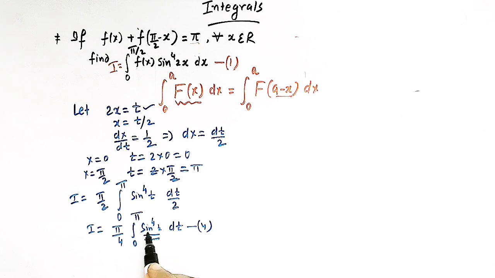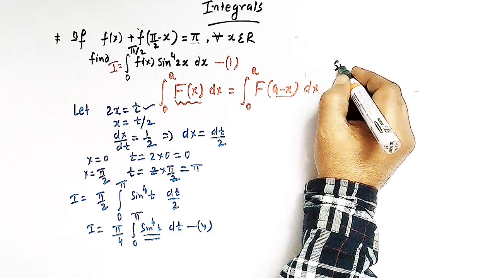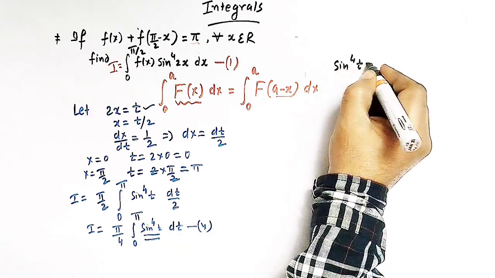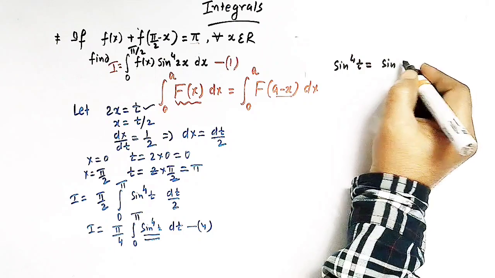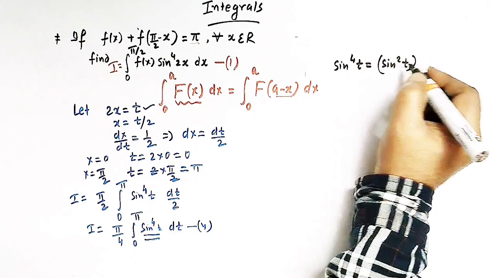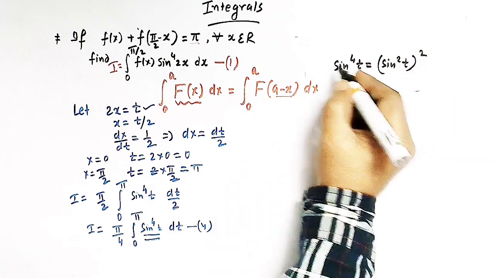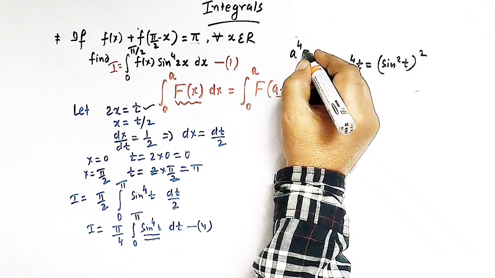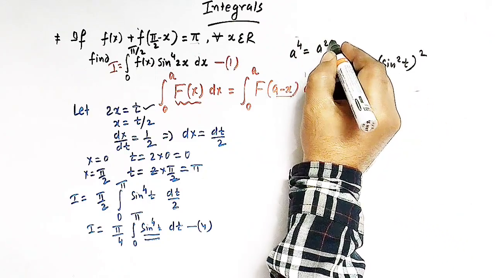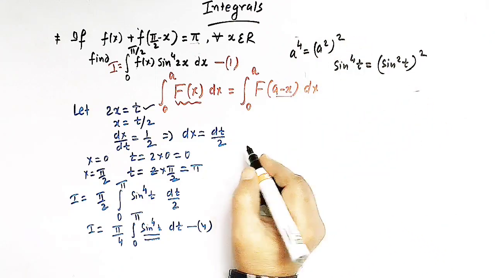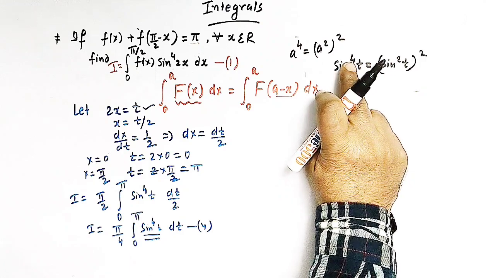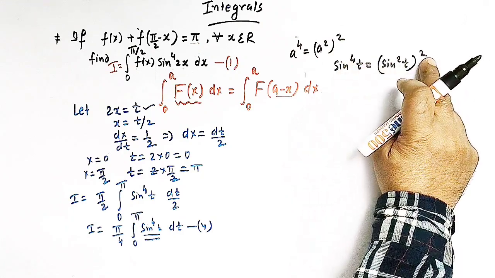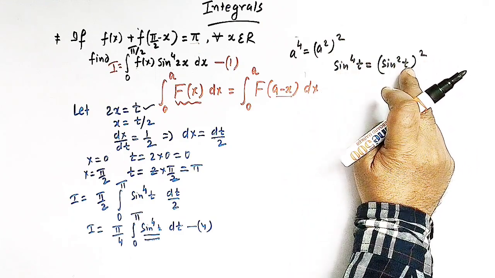So now let us write sin⁴t as the square of sin²t, right? We can write a raised to 4 as a squared whole squared.